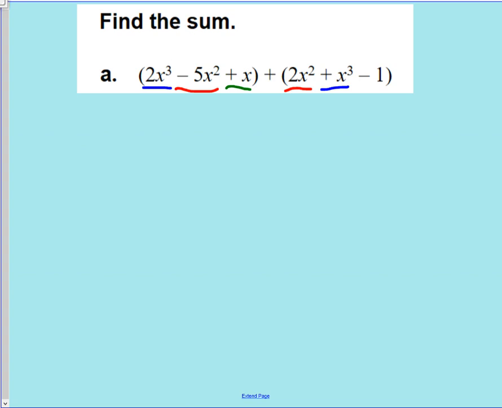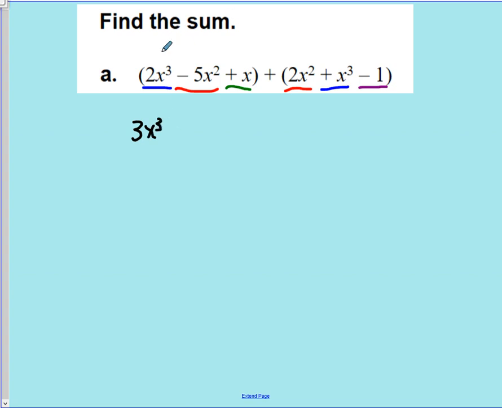And then I've got negative 1, and negative 1, again, cannot be combined. Okay? All right, so now I'm just going to start combining my terms. So right away I'm going to take 2x cubed plus positive x cubed. So 2x cubed plus x cubed is going to be 3x cubed.